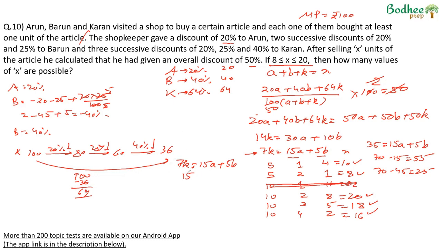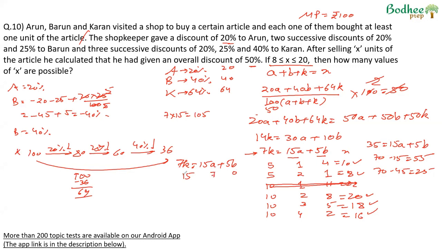Now, the minimum value of A plus K plus B will be when the value of A is maximum. This is 75, 7 into 15. So here we can have the maximum value of K as... if we keep K as 15, 7 into 15 becomes 105, in which case A can be a maximum of 7, B will be 0.